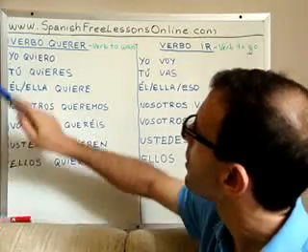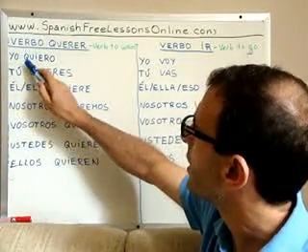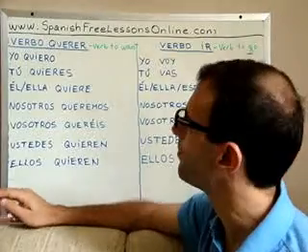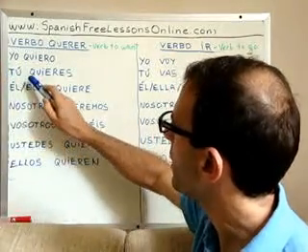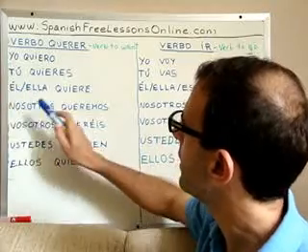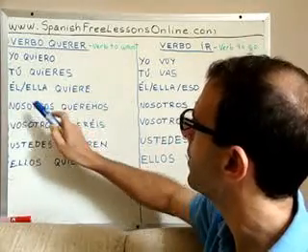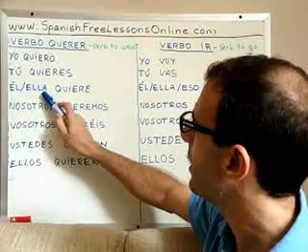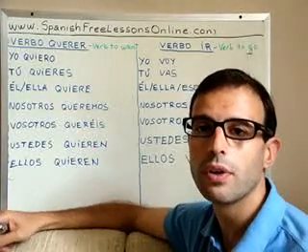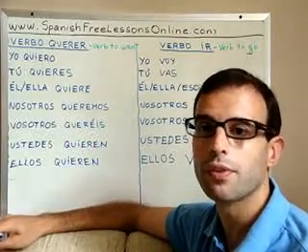Let's begin. Yo quiero means I want. Tú quieres. Él quiere, or ella quiere, for he wants or she wants.